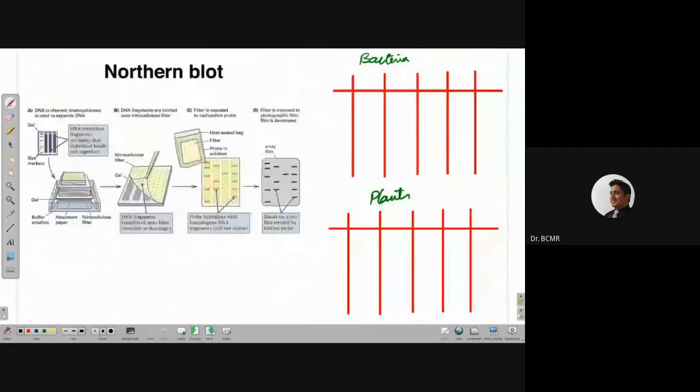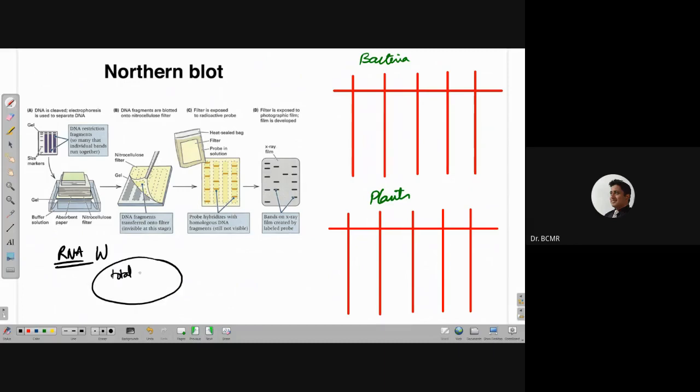Now we are looking at northern blotting. The objective of northern blotting is to find out if an RNA component is present or not. It is about checking RNA. Say, for example, we are looking at a specific RNA species W, and whether it is present in total RNA or not.